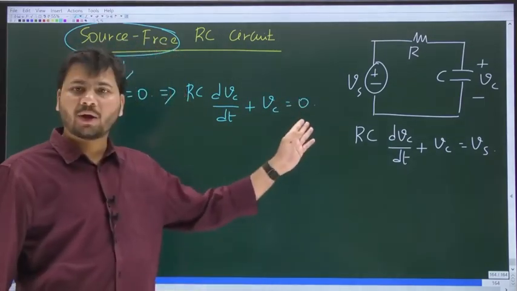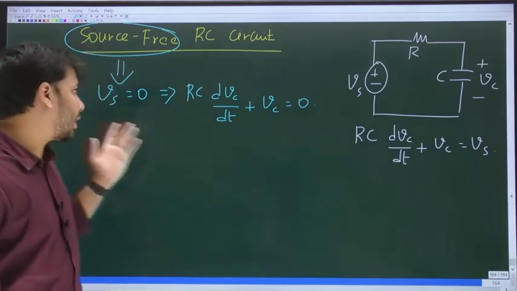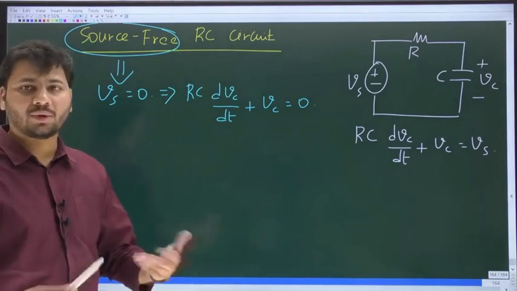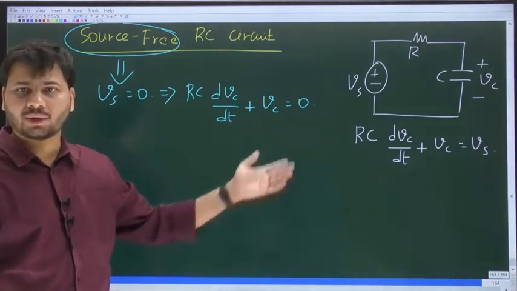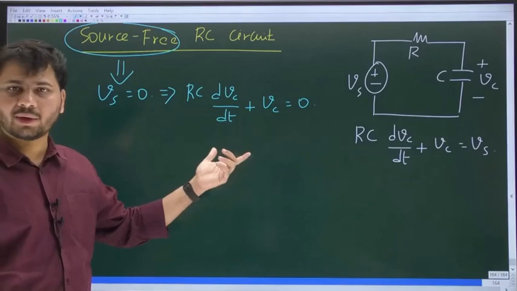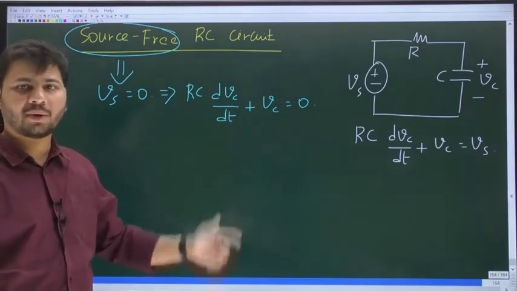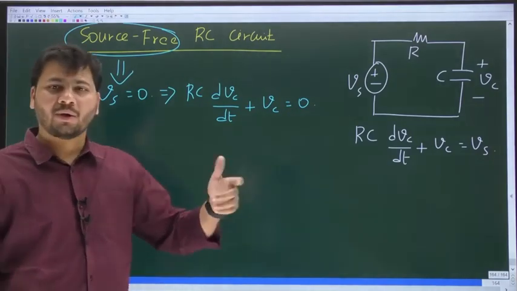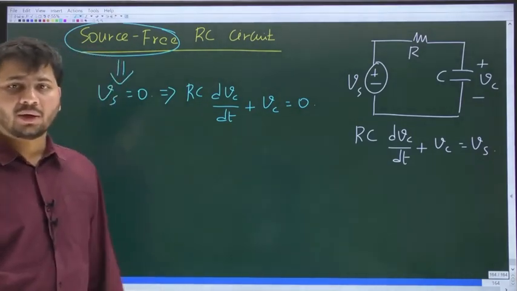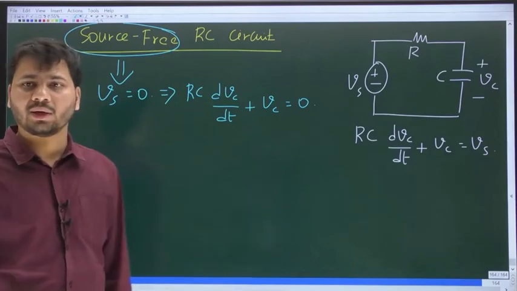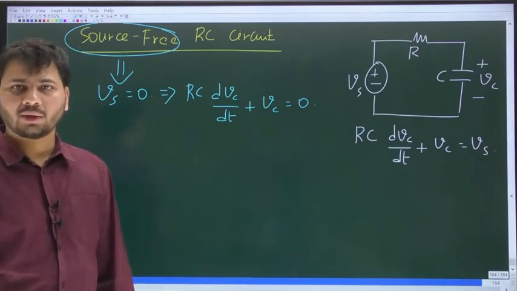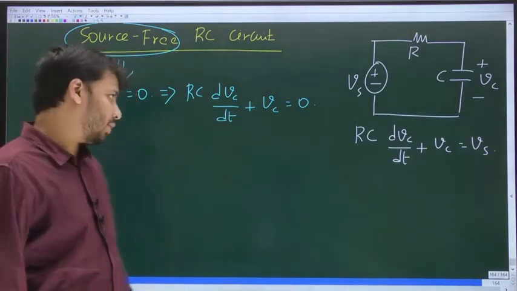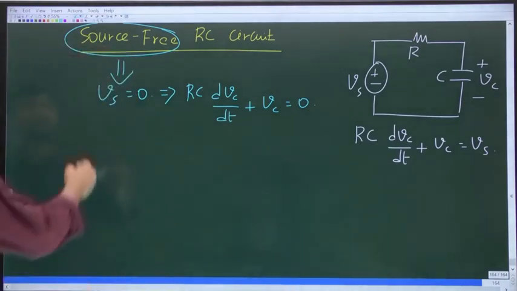Otherwise it would have been Vs on the right hand side, but because we are only considering a source free case where the source value is 0, Vs becomes 0. Still it is a first order differential equation. In fact, this is called a homogeneous first order differential equation. Nevertheless, it is still a first order differential equation: RC dVc/dt + Vc = 0.